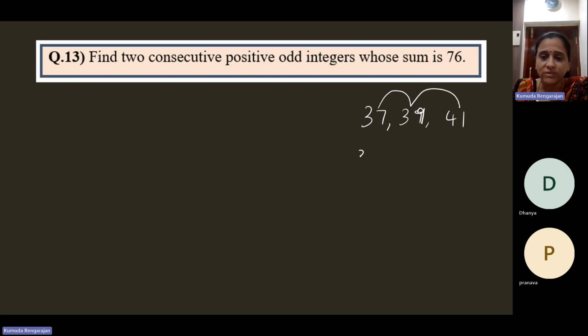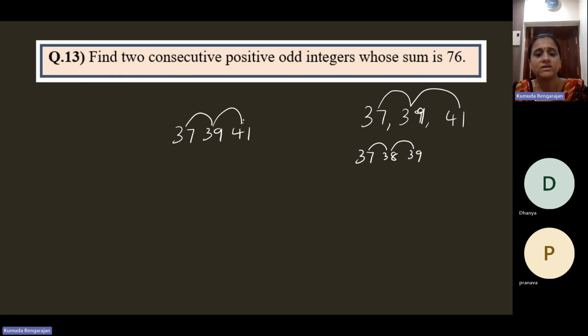The natural number after 37 is 38, after 38 is 39. No, here it's not about natural numbers, it's about odd numbers. So the odd number that comes after 37 is 39, after 39 is 41, after 41 is 43 and so on.